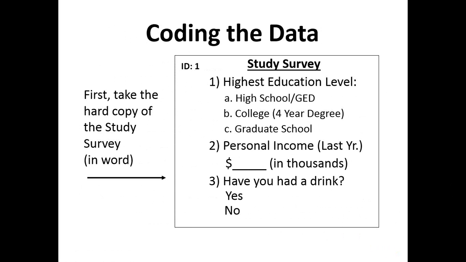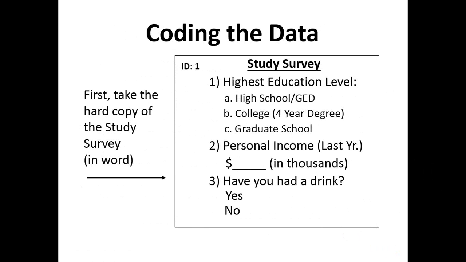As an example, take the beginning of the survey for our sample study, just the first few questions, just to illustrate how this would be done, right? So let's say that this is the beginning of our study survey, and these are questions 1, 2, and 3. And so you'll see in the upper left-hand corner, the first variable is ID.